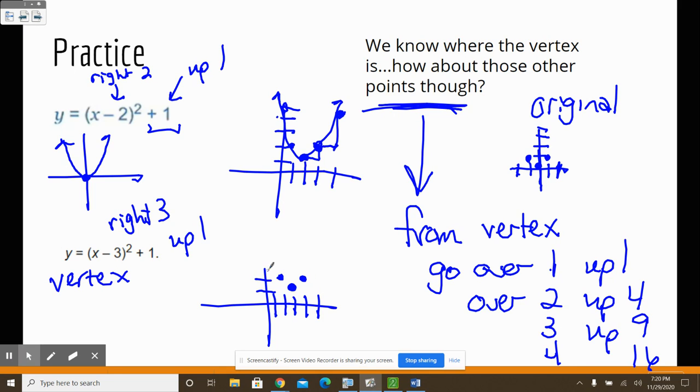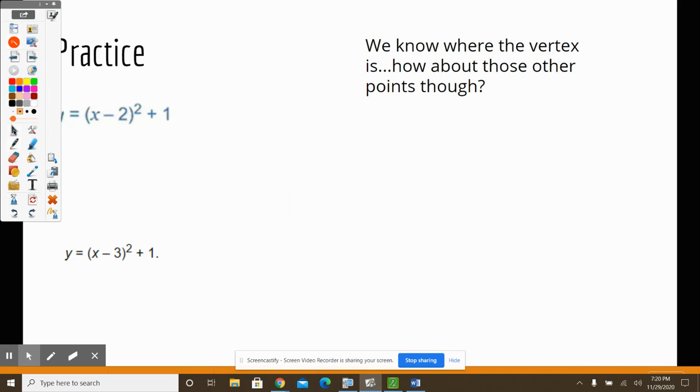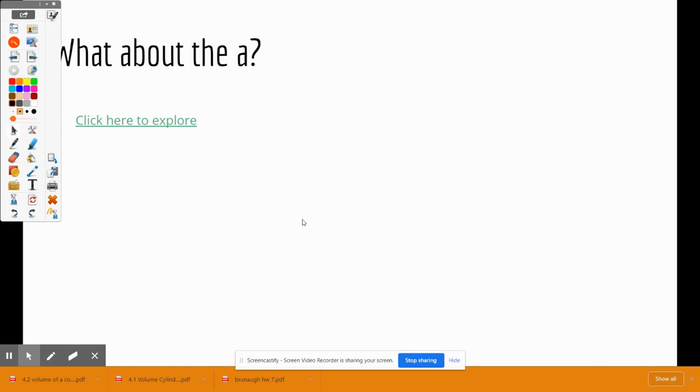Over 2, up 4. It's really sloppy without the graph paper. Your other option, you could say over 1, up 1, over 1, up 3. Also perfectly fine.